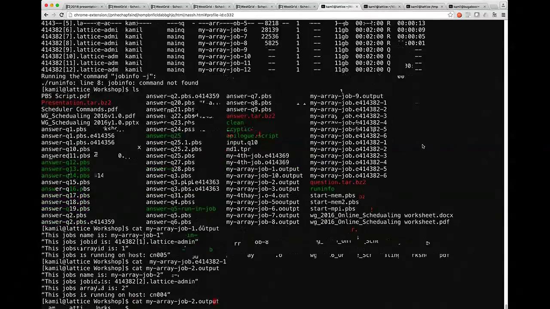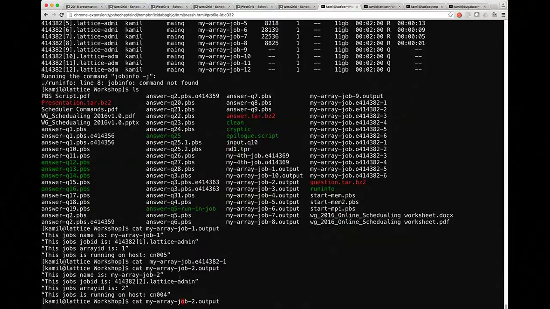We can see different job array IDs are running on different nodes. The array ID of 1 was running on node 5, but task 2 was running on node 4. So this is the simplest example of a job array.